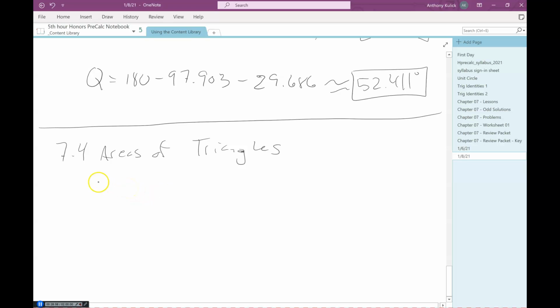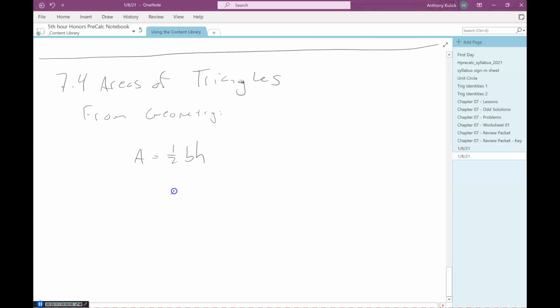So from geometry, what's the area formula for a triangle? So if I give you some generic triangle here, what would the base be?